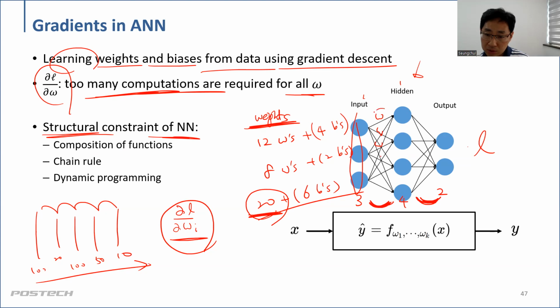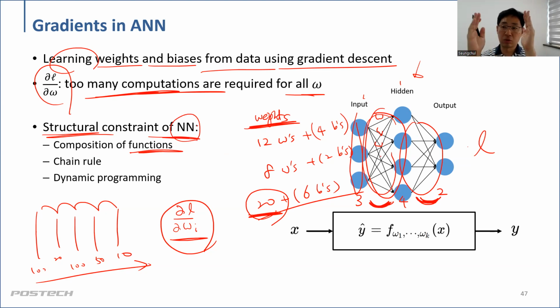So here, you can think of these as functions, right? Linear mappings, right? So it's a composition of functions. That's the very specific characteristic of the neural net, because we have this kind of structure.